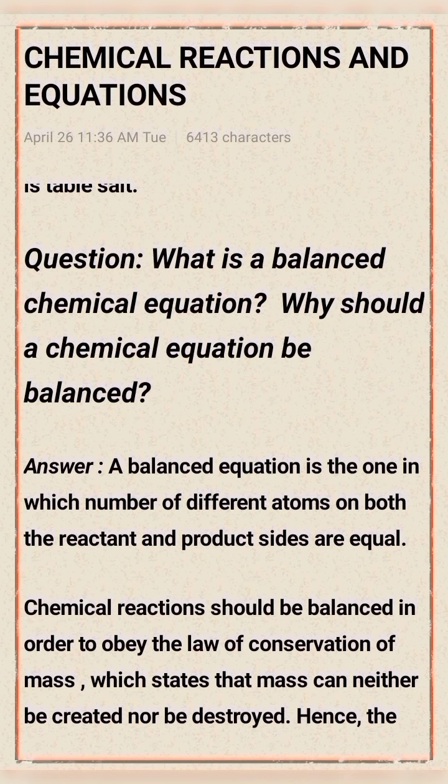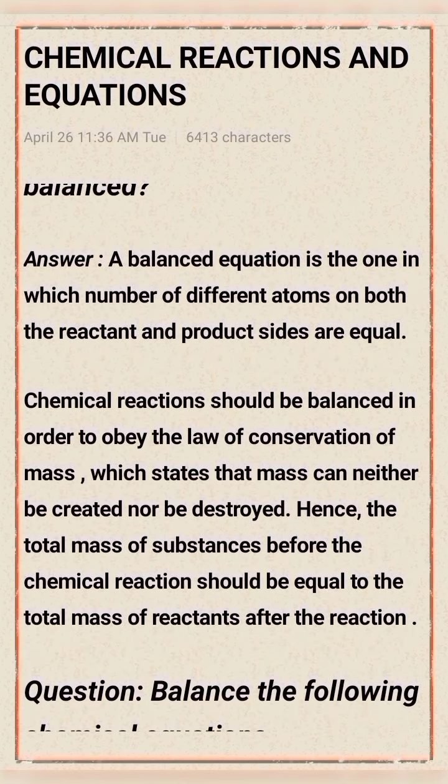Next, why should a chemical equation be balanced? A chemical equation, that is the chemical reaction, should be balanced in order to obey the law of conservation of mass, which states that mass can neither be created nor destroyed.